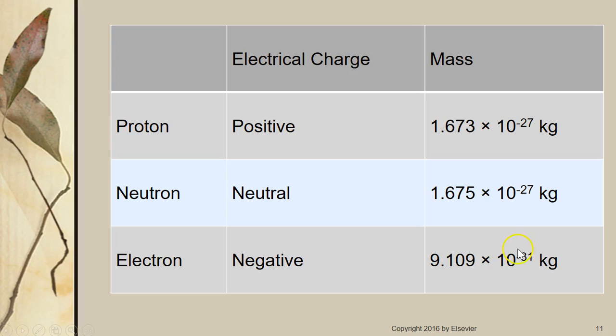So earlier I said the electron is the lightest particle, and the fact that they move very fast around the orbiting is what keeps them light. So you don't have to remember these numbers, but know that a proton and a neutron are similar in mass, but that the electron is much less mass. In fact, from 27 to 31 is 4 orders of magnitude. So, I mean, that's a lot of difference, even though they're all still very, very small.